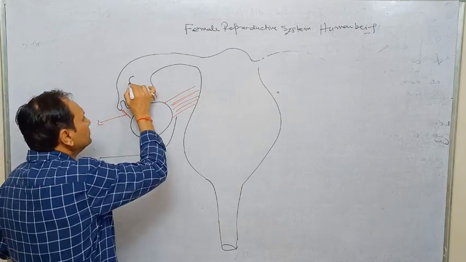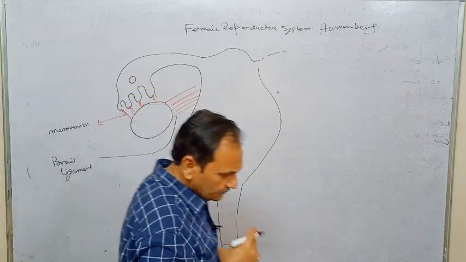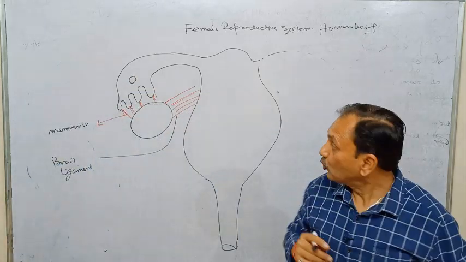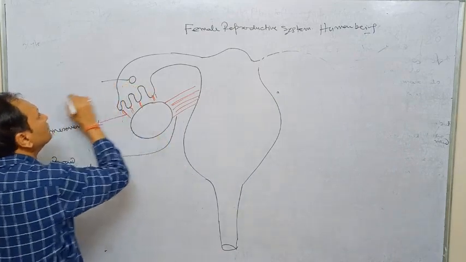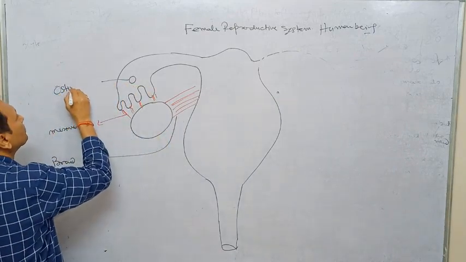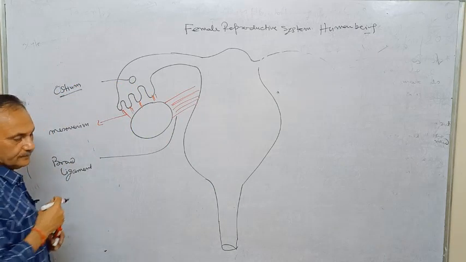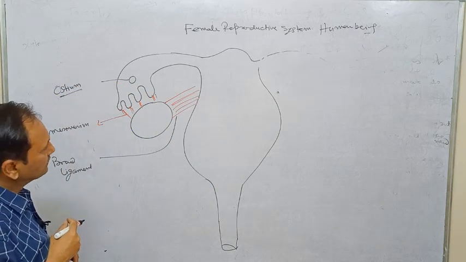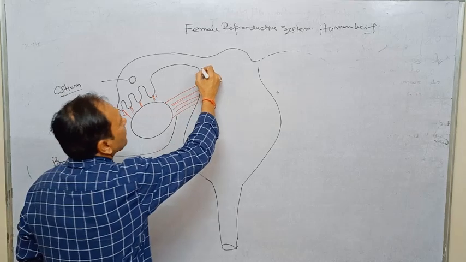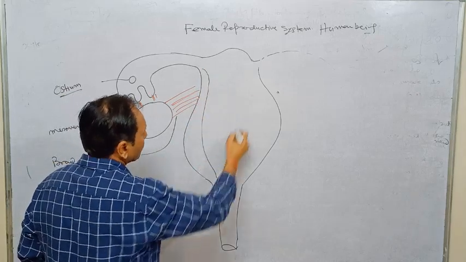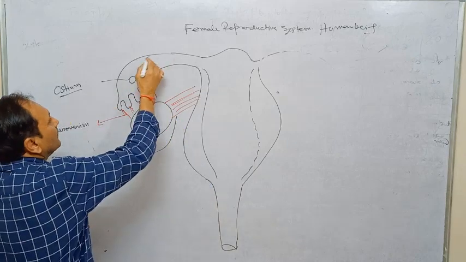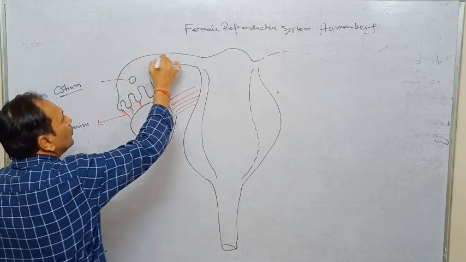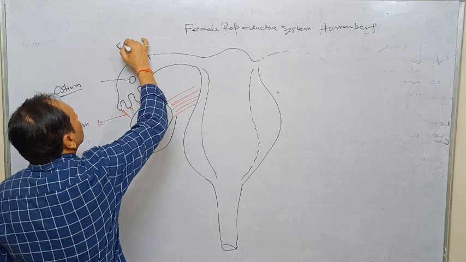Inside it, there is a small hole present, that is called the ostium. Inside it is the fallopian tube.